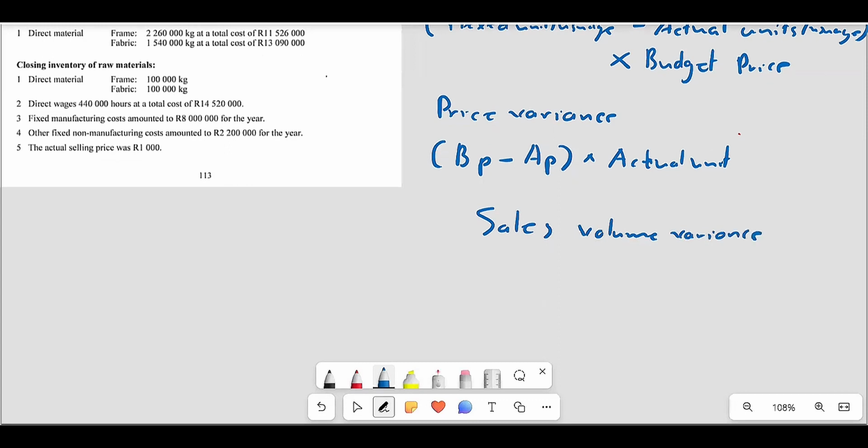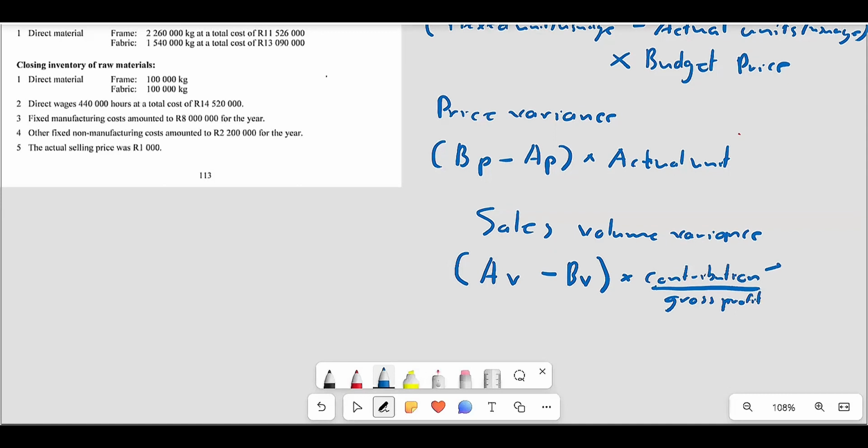When you're calculating the sales volume variance, you take the actual volume minus the budgeted volume, and you multiply with the contribution or gross income, basically gross profit.